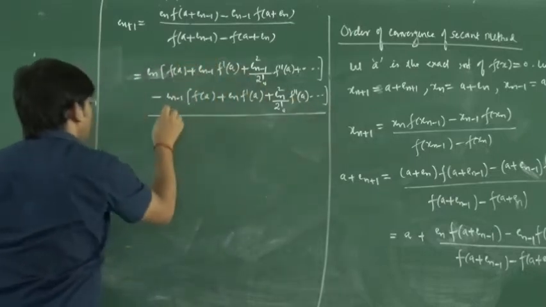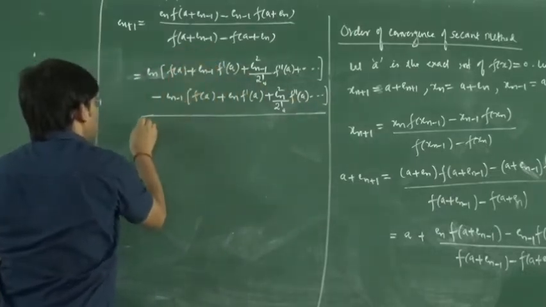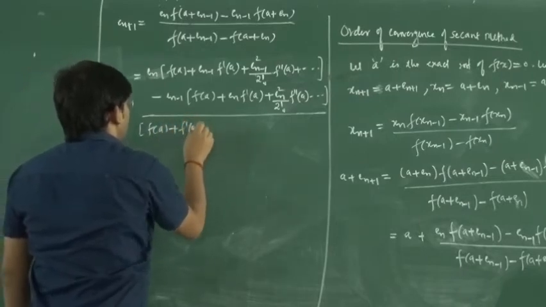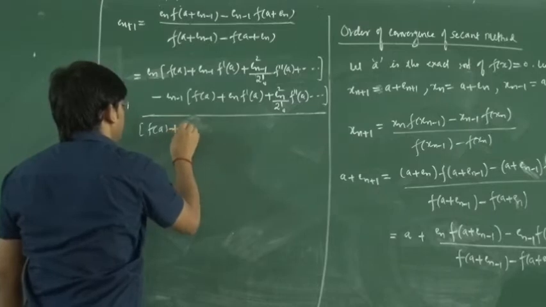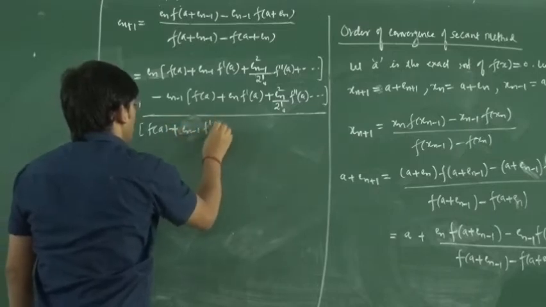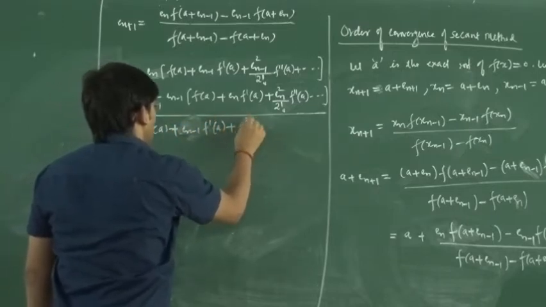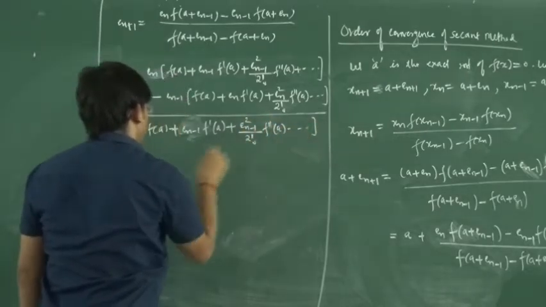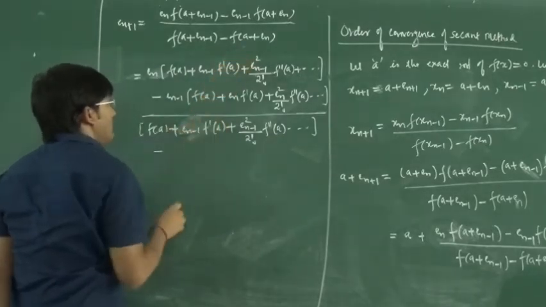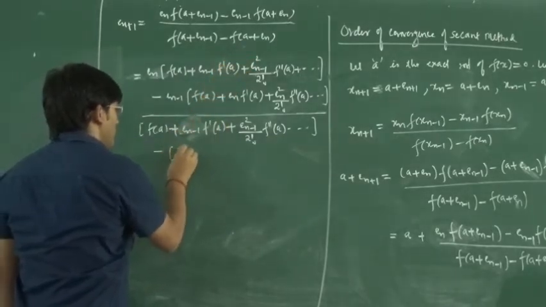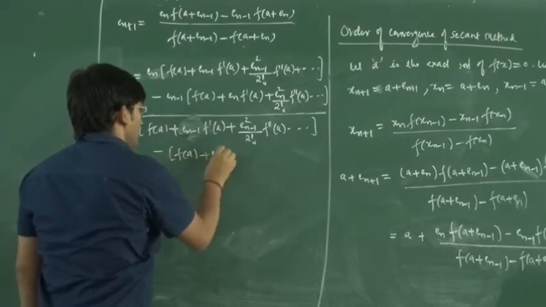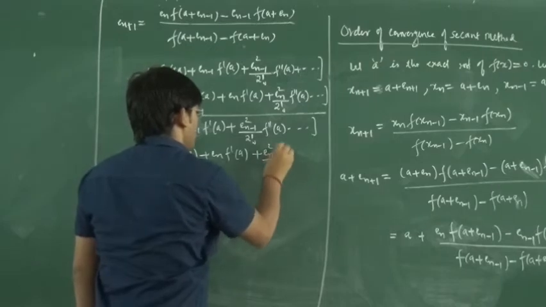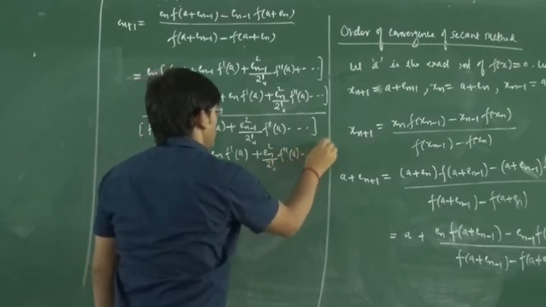Then this is divided by the denominator, again expanded with the help of Taylor expansion. So we have f(a) plus f'(a) e_{n-1}, then e_{n-1} squared upon factorial 2 f''(a), and then the higher order terms. Then we will have minus f(a plus e_n), which is equal to f(a) plus e_n f'(a), then e_n squared upon factorial 2 f''(a), and then the higher order terms.